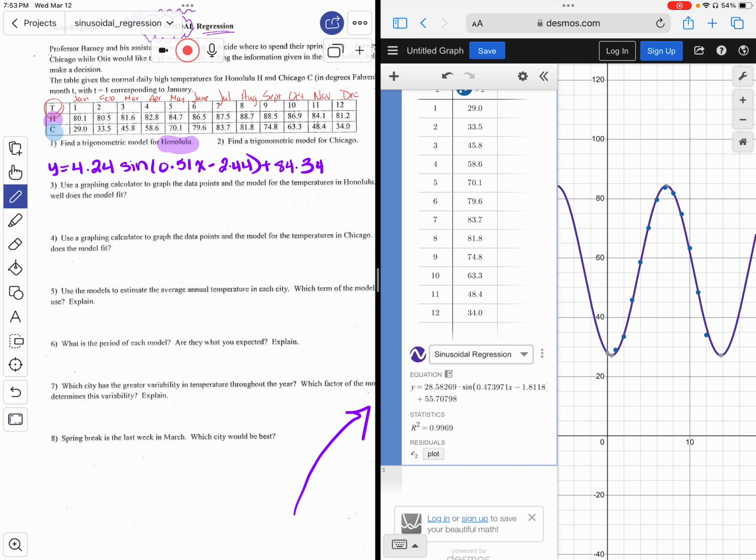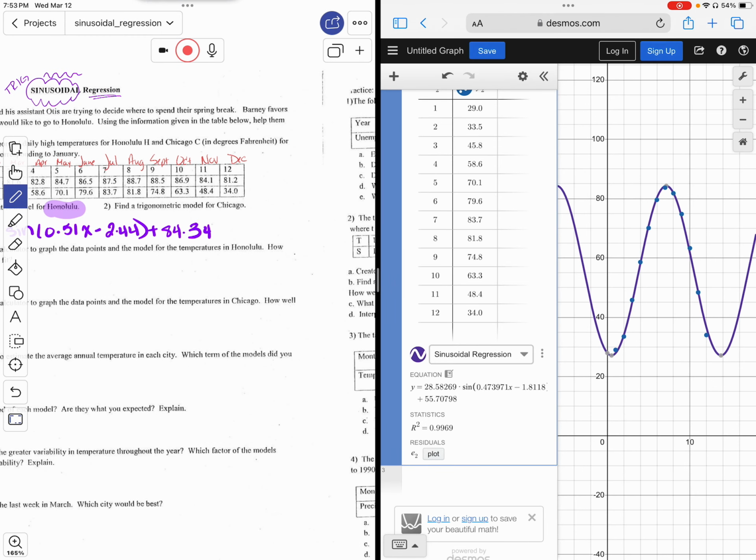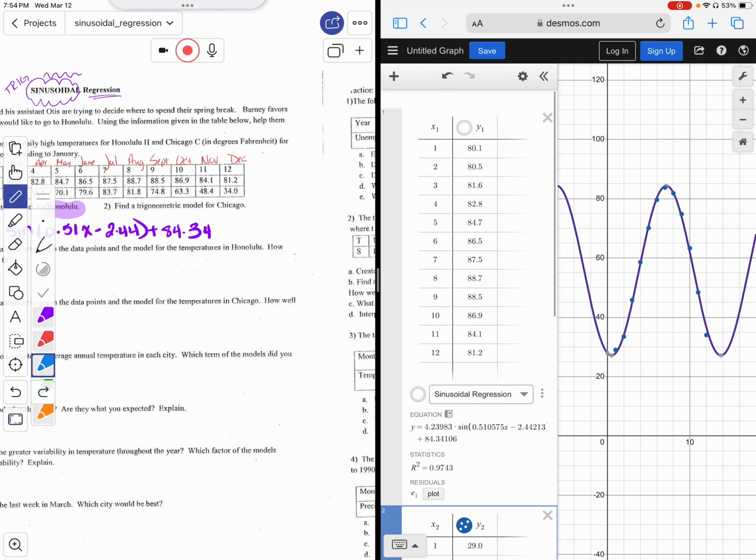Right here on the lower section of your Desmos is where you will find your regression equation. So for Chicago, I would write y is equal to 28.58, and so on. I don't have the space, so I'm going to just leave it in my Desmos.